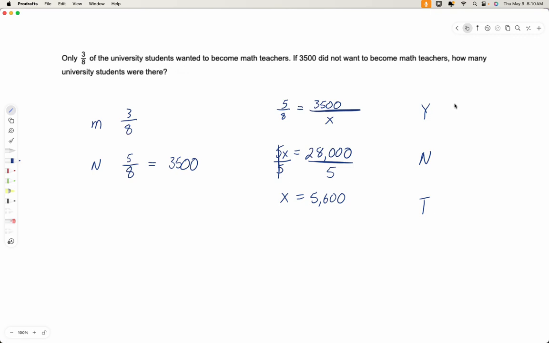You could say 3 out of 8 said yes to math, which meant 5 out of 8 said no, and that 5 out of 8 equals 3,500. You'd still end up with the same thing. You would just put those, like we don't know the total, and you would still set it up like this. It's just all about how you need to visualize the problem. What do you need to see in order to set this up appropriately? Okay? All right, let's move on to the next problem.